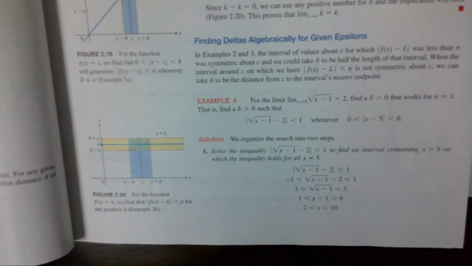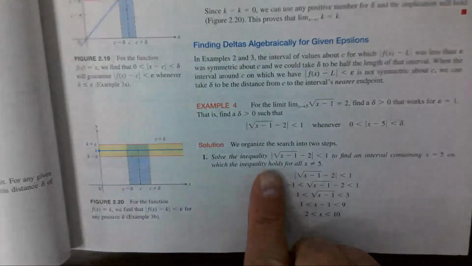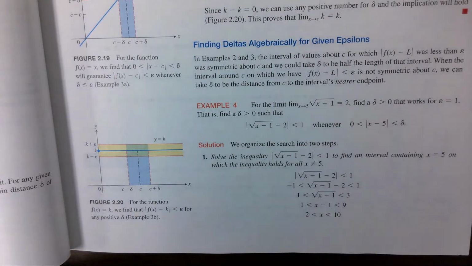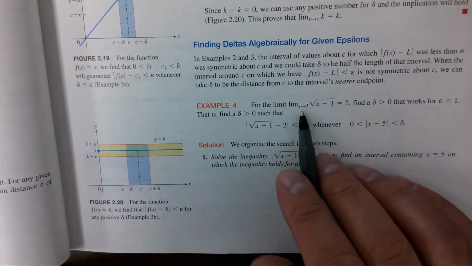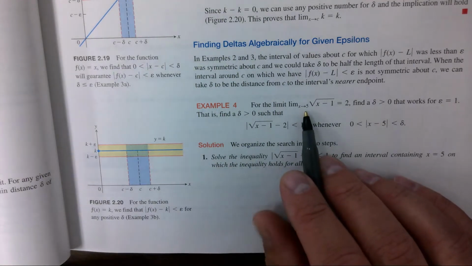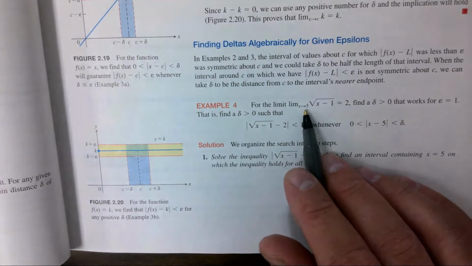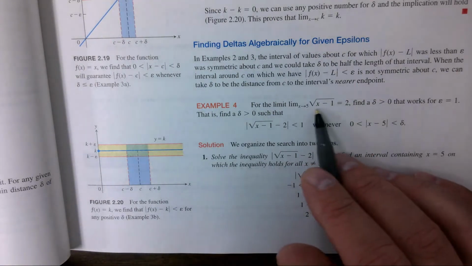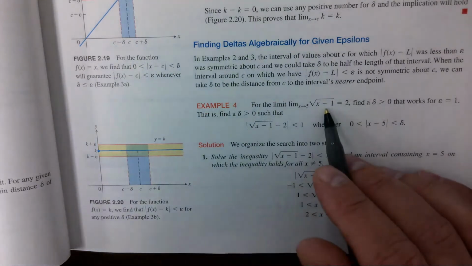Okay, so it says solve, well, first let's make sure we read it. The limit as x approaches 5, so that means c is 5. And then the square root of x minus 1 would actually be your function.